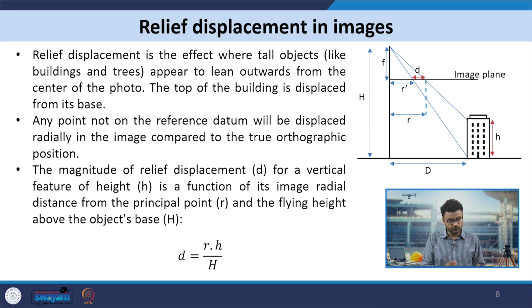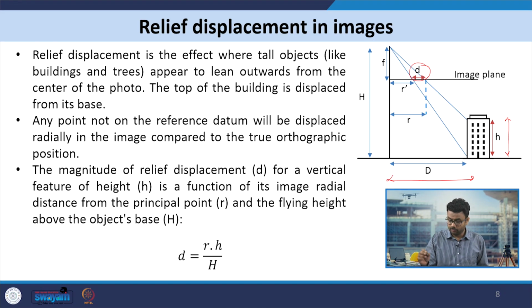The magnitude of relief displacement for a vertical feature of height h is a function of its image radial distance from the principal point, r, and the flying height above the object's base, H. So, we have this object of height h, situated at a distance capital D from the nadir point, and this object produces a relief displacement of small d.